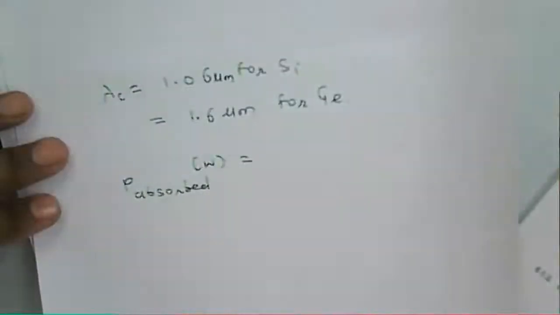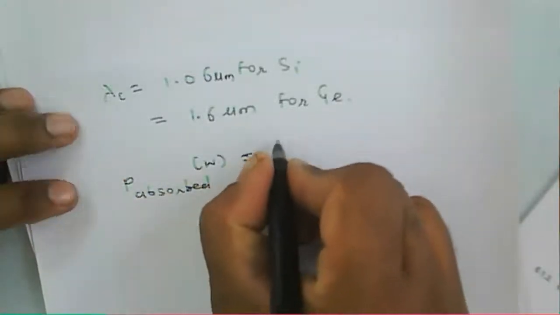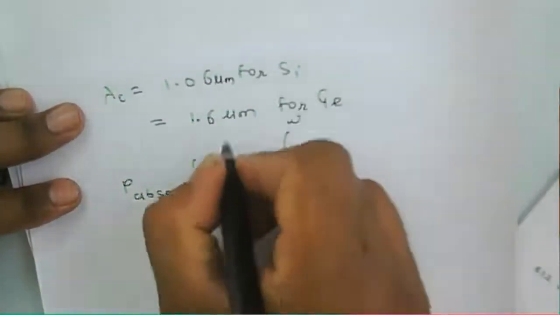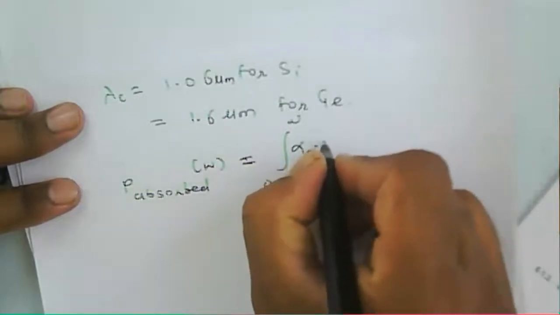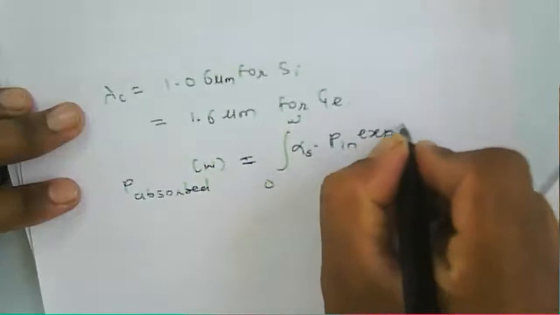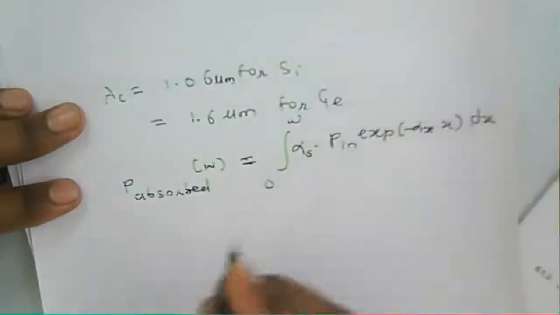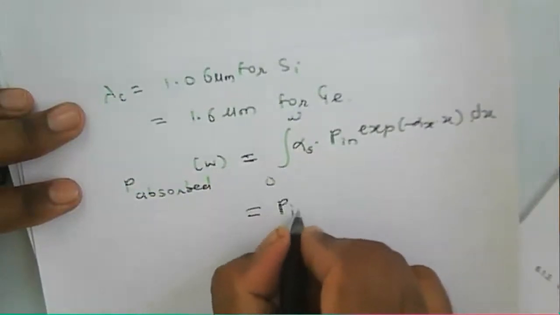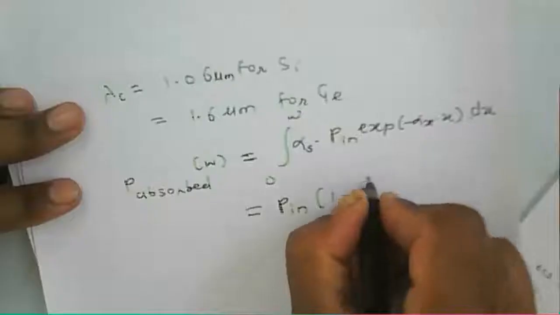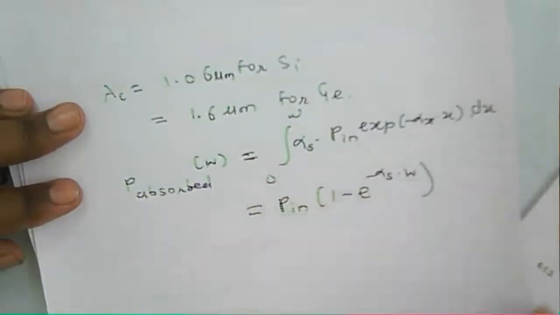That's why we can consider P absorbed of W is equal to the integral from 0 to W of alpha s, P in, exponential of minus alpha s x dx, which is equal to P in times (1 minus e raised to minus alpha s W).